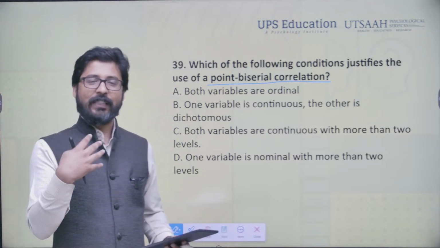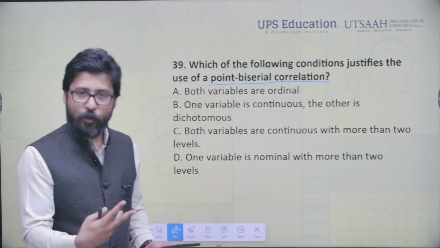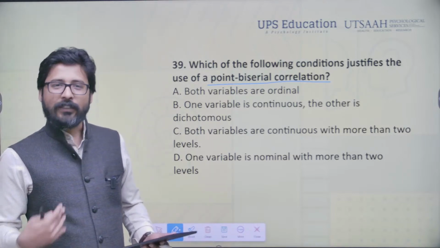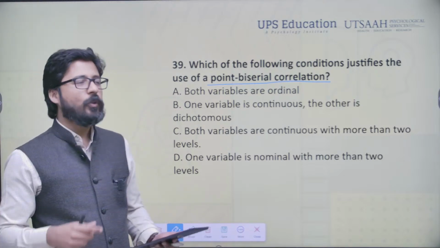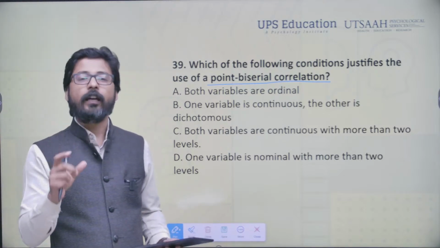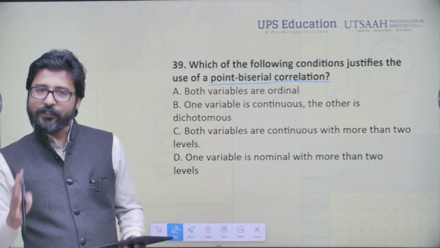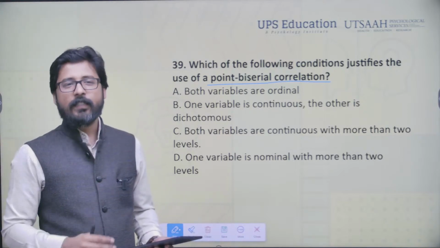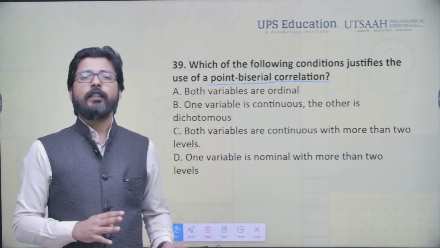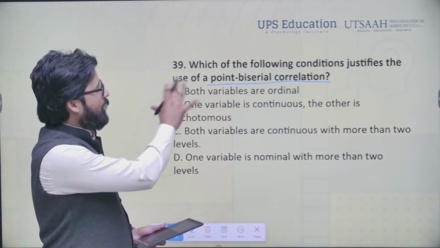Whenever we are answering yes or no, like are you smoking, yes or no. So if one variable is continuous and another variable is dichotomous, we can use point biserial.